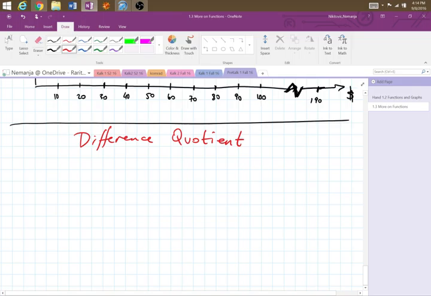All right. Difference quotient. This is the last thing in 1.3. So what's the difference quotient? Difference quotient is going to be a formula which you are memorizing now. You are going to learn how to compute and simplify and use that formula.